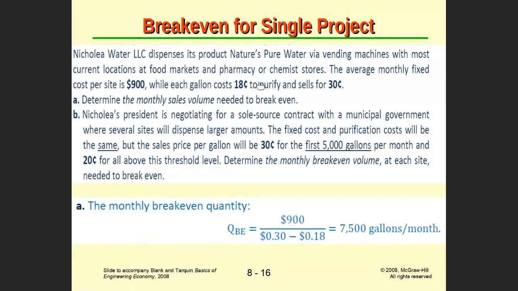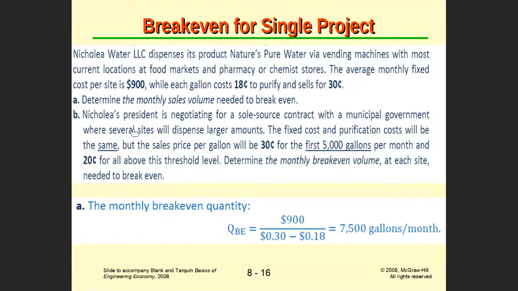To purify water sells for 30 cents. When it says sells, that means you are selling it for 30 cents, and in terms of cost or revenue, it is revenue. Why? Because you are selling this for 30 cents, so this is inflow, so it is revenue.